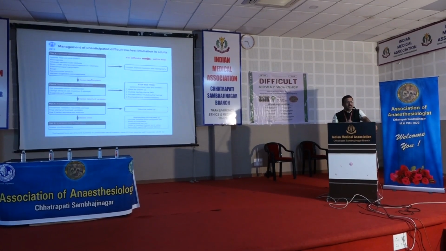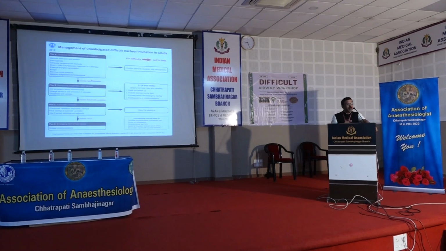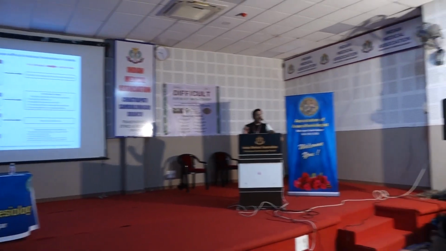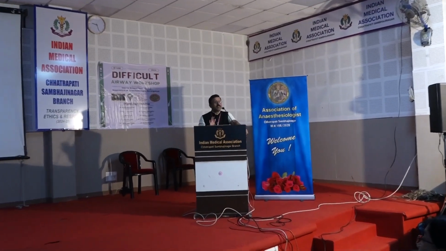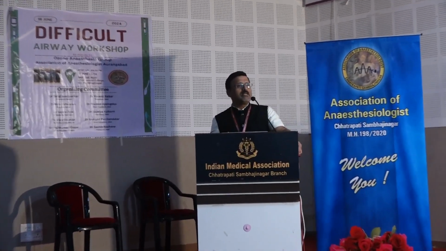If you are putting in an iGel kind of supraglottic, it takes at least a few minutes for the iGel to get adjusted for ventilation. You might feel that it is not properly placed, but if at all there is some ventilation going on, wait. This is very, very important. Otherwise, in that panic situation, you are likely to remove it and do something else, which again might be very harmful to the patient.